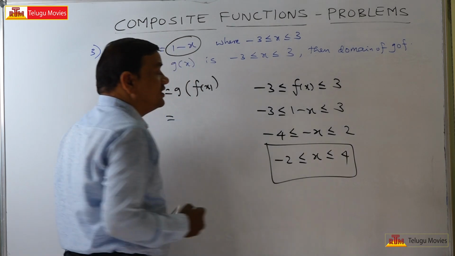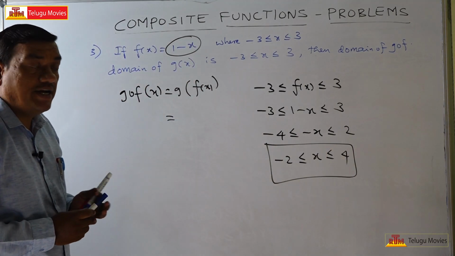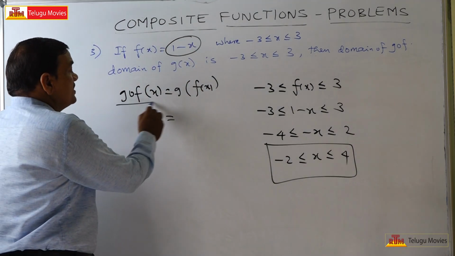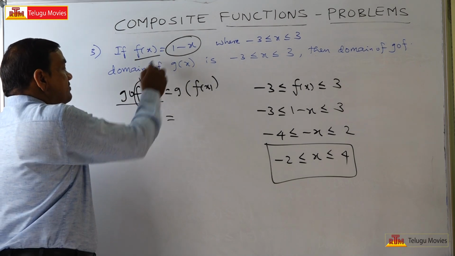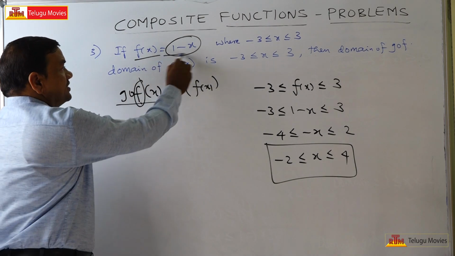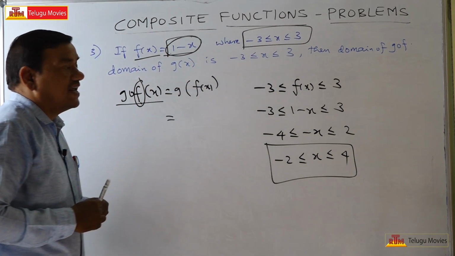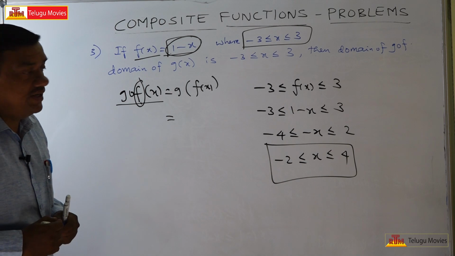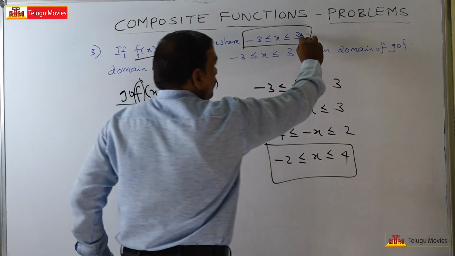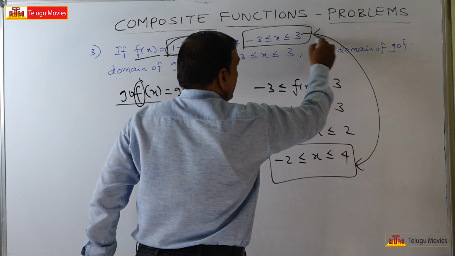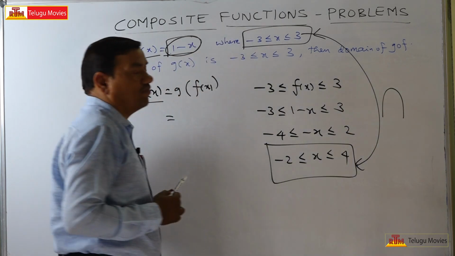So don't conclude that this is the domain. Already I told you the domain of G circle f is the same as the domain of the second function, which is f. This is the domain of f, that is minus 3 less than or equal to x less than or equal to 3. Now what we have to do? We have to take the intersection part of that.